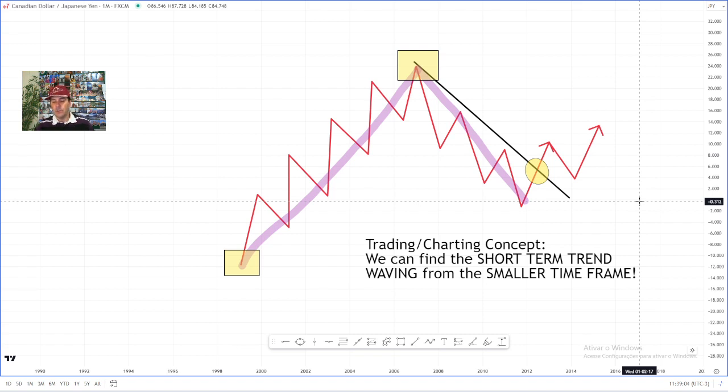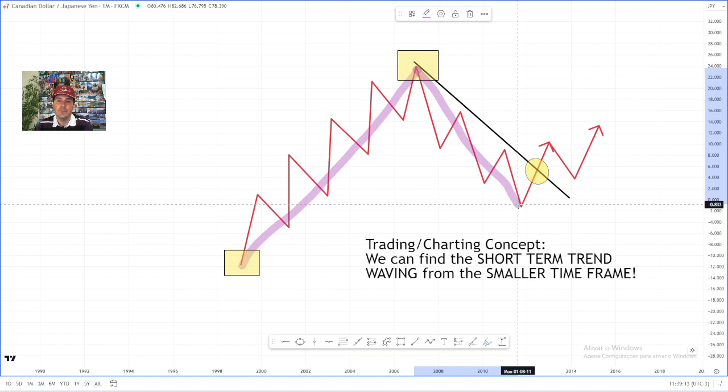Alright, so let's get conscious that the short-term trend has waves as a concept, exactly the same as the market waves. What does this mean? The uptrend, the market making higher highs, higher lows, also has waves.